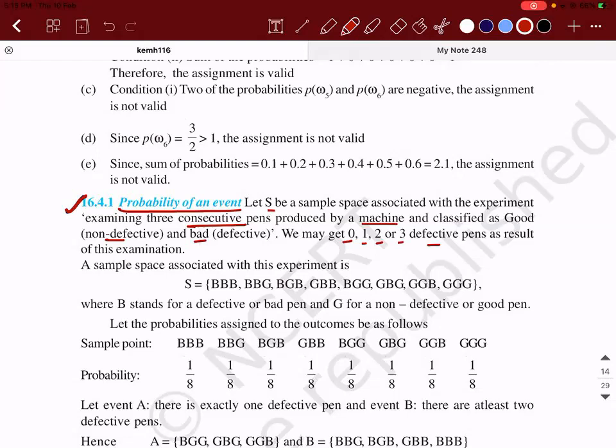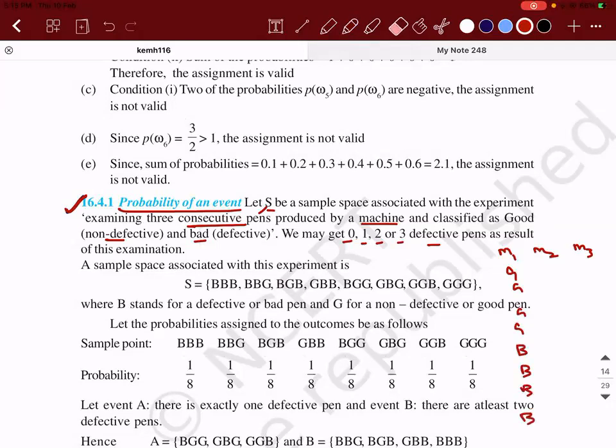There is a machine, and that machine will manufacture pens. During the process of manufacturing, you might get a good pen or a defective one, a good one or a bad one, right? So what are all the possible outcomes? Machine 1, machine 2, machine 3. Good, good, good; good, good, bad; good, bad, bad; bad, bad, bad; and so on.